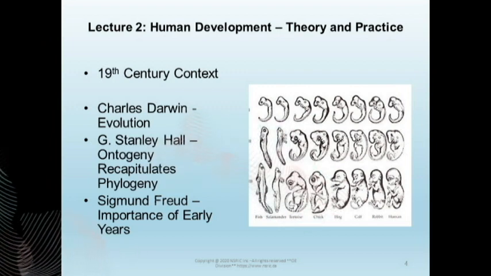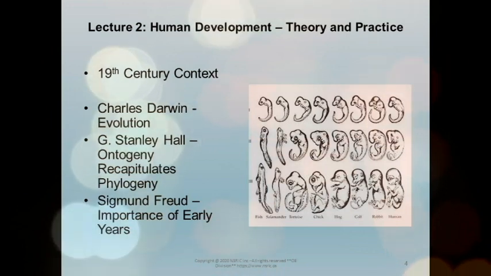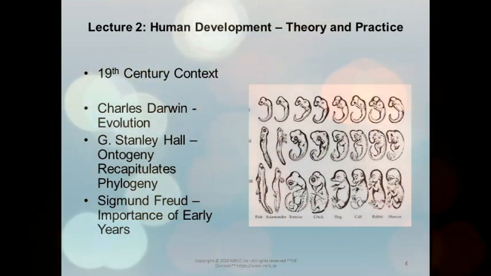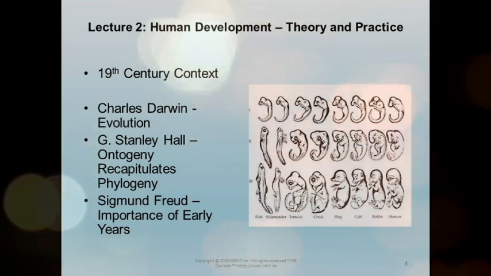G. Stanley Hall's groundbreaking work. Hall, an influential American psychologist and educator, is often regarded as one of the founders of developmental psychology. He established the first laboratory in the United States dedicated to the scientific study of child development at Johns Hopkins University in 1883.